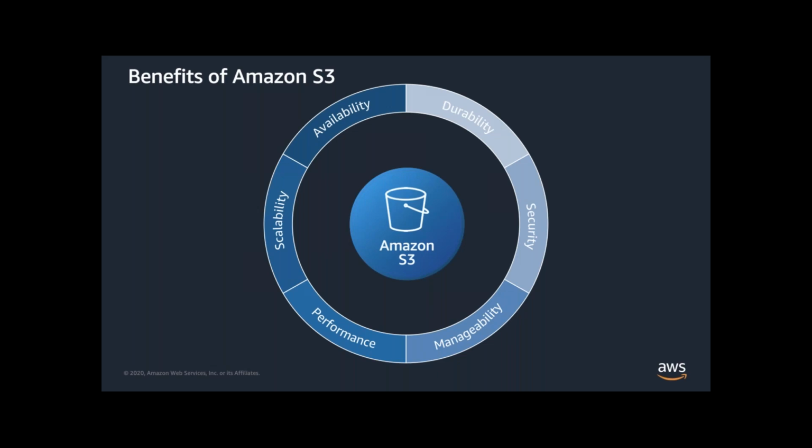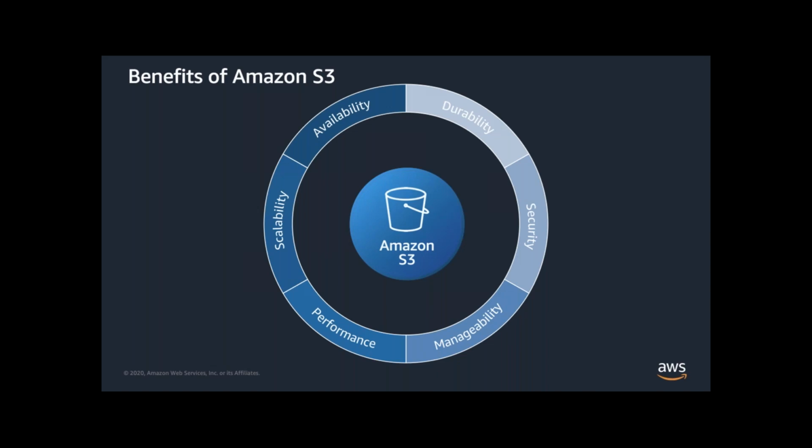But what it does in a lot of cases is it makes it very simple for you just to write your data there, right? So if you're writing FASTQ files or BAMs or CRAMs or BCL files from Illumina sequencers, S3 gives you the ability to scale out your reads and writes, and really stage your data in a way that is performant for the needs that you want, right?